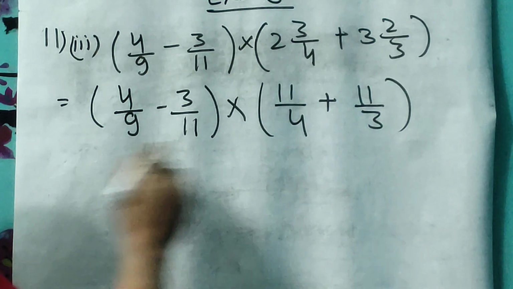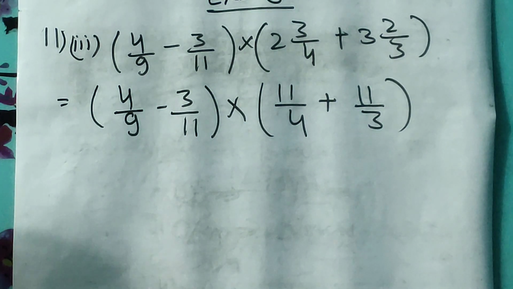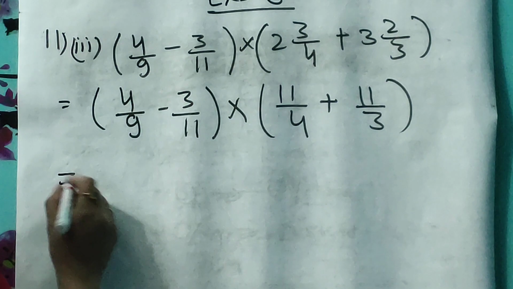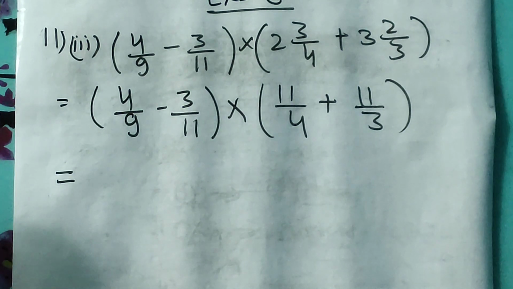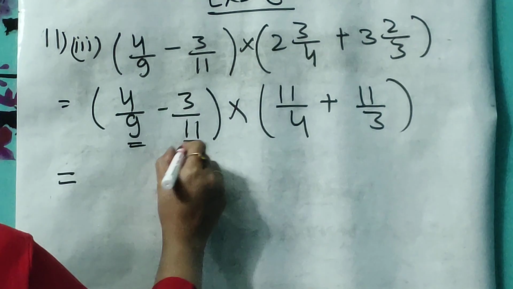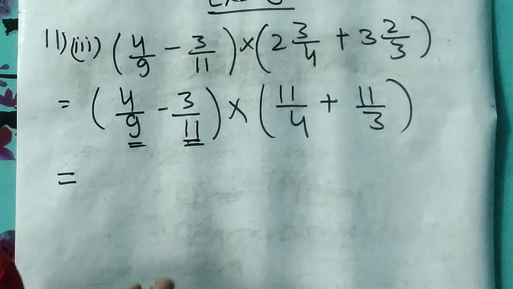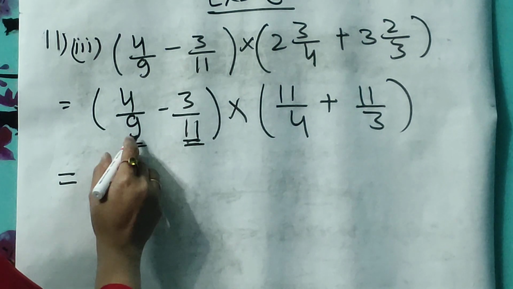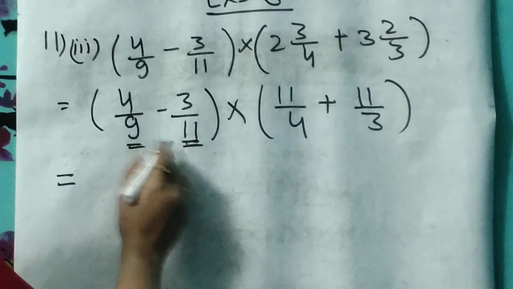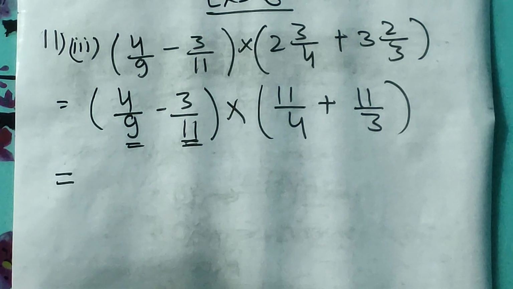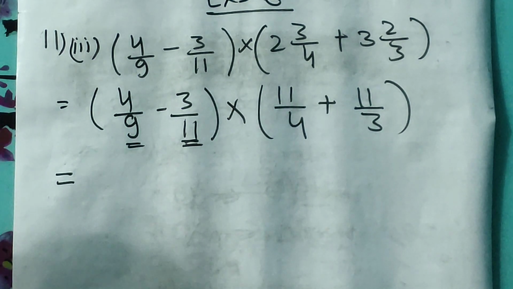Now it is addition and subtraction of fractional numbers. To solve addition and subtraction of fractional numbers, we will make the denominators the same, or make the fractions like fractions. So first you will take out the LCM of 11 and 9. The LCM of 11 and 9 will be 99.